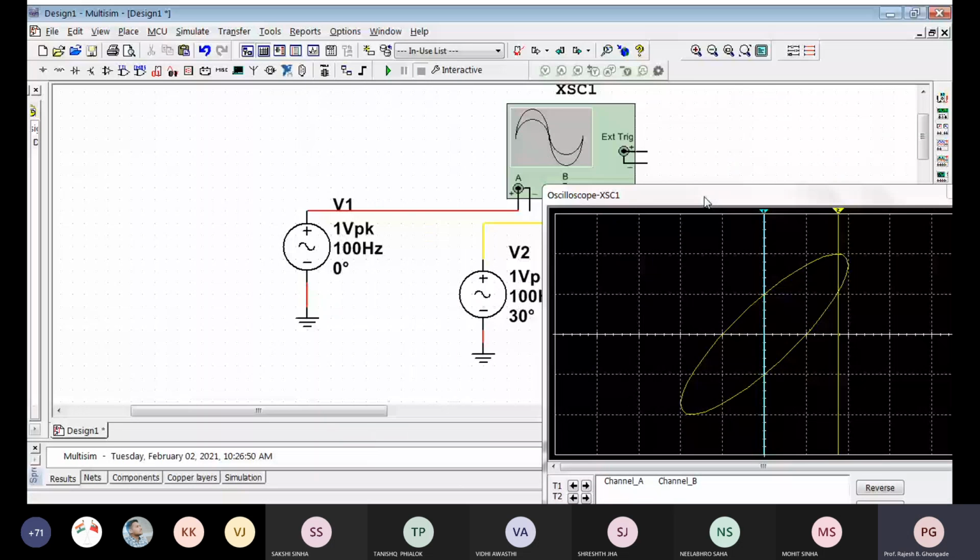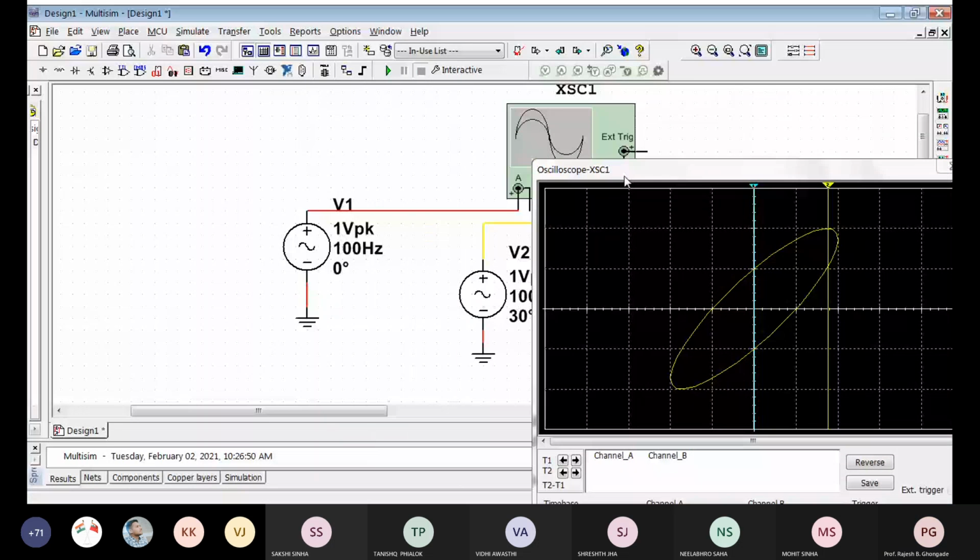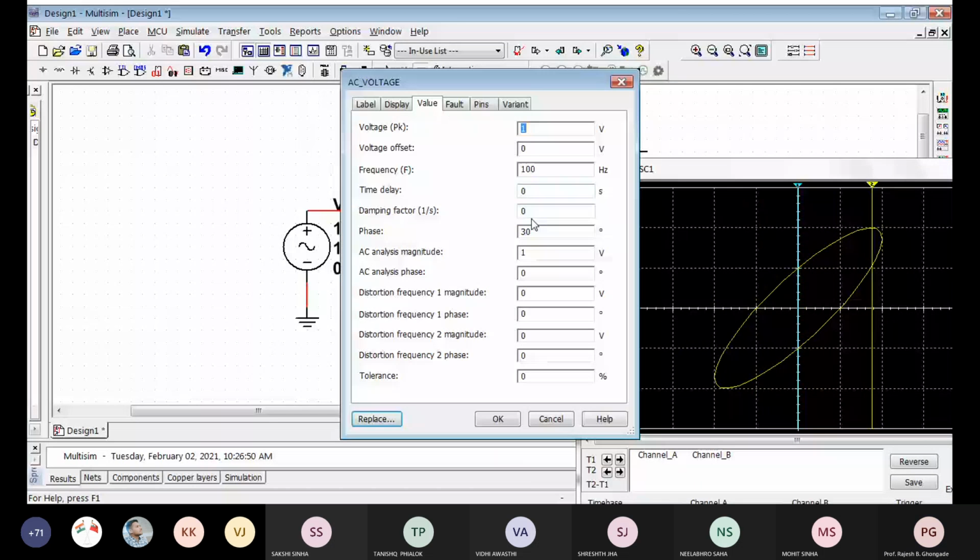Now we'll do something different. I'll just switch this over to 120 and see what happens.